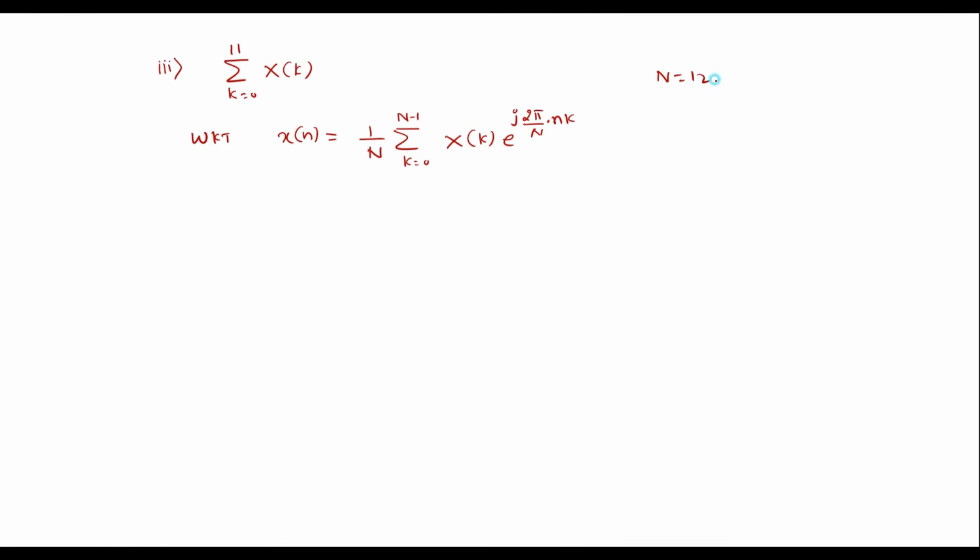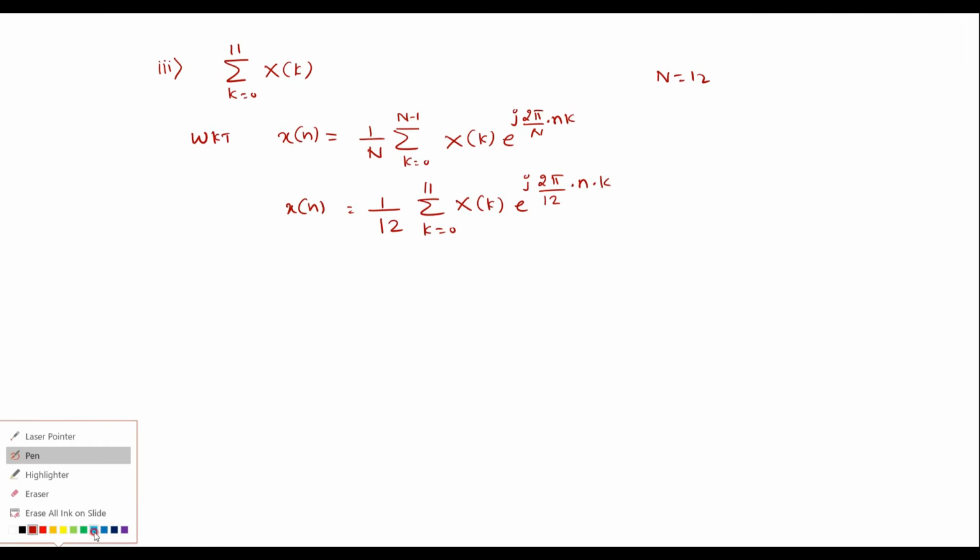N is equal to 12, so I can write it as x of n is equal to 1 over 12 summation k equal to 0 to 11 x of k e power j 2 pi by 12 into n into k.